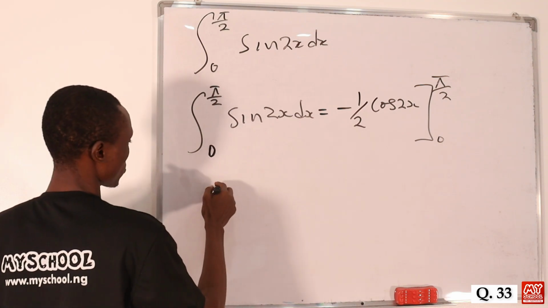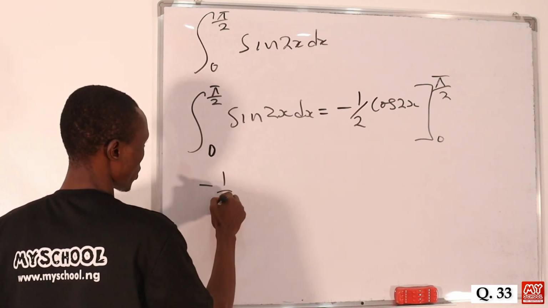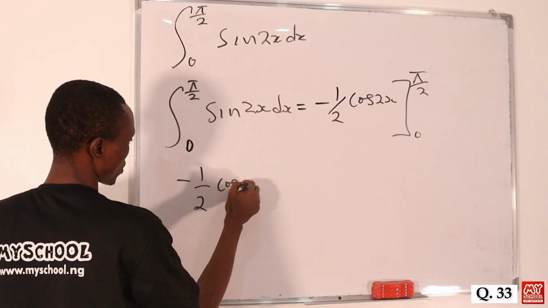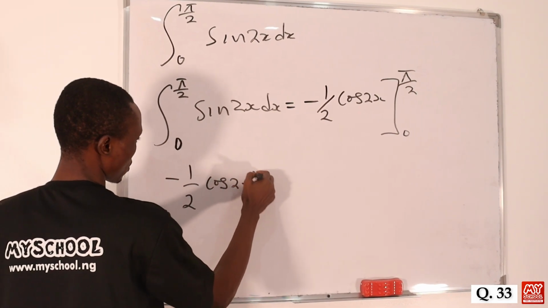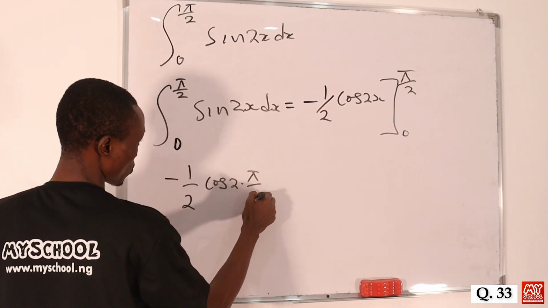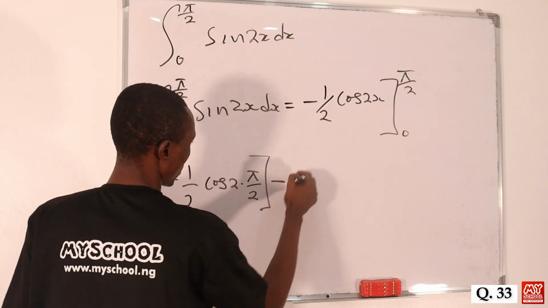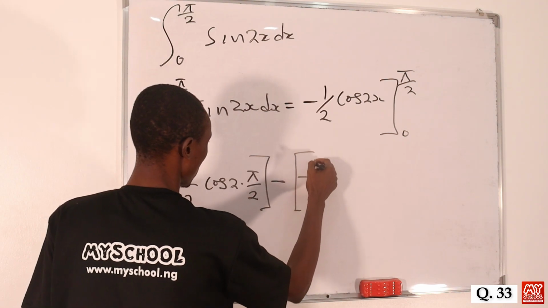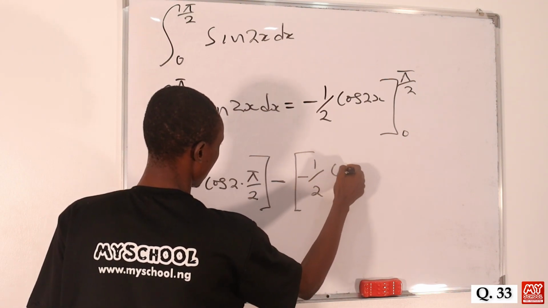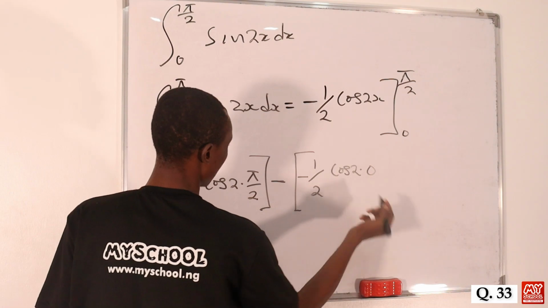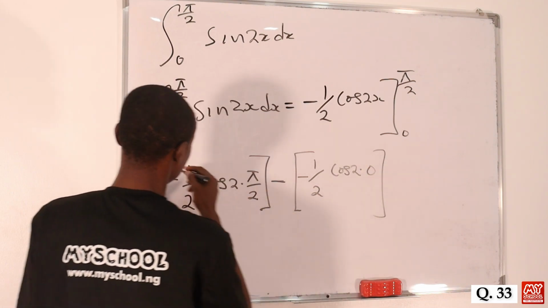So we just fix all this. So here we'll be having minus 1 all over 2, then cos 2 times pi all over 2. Okay, then minus, then we'll do the same thing, minus 1 all over 2, then cos 2 times 0. Okay, so let's close these brackets.